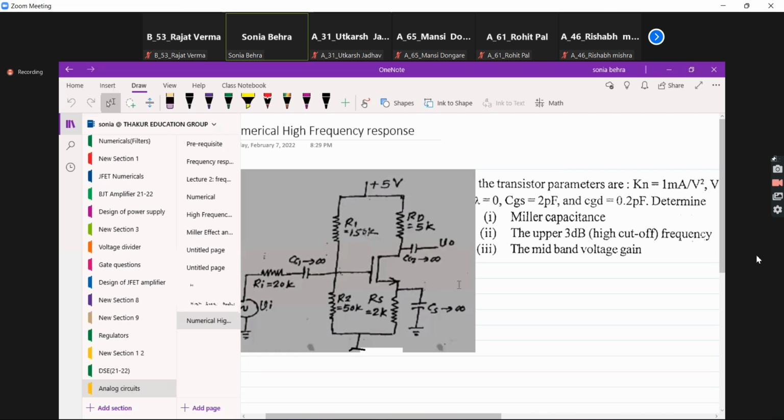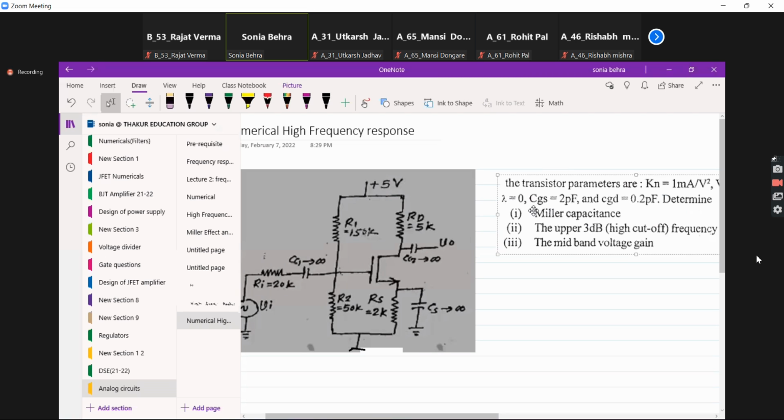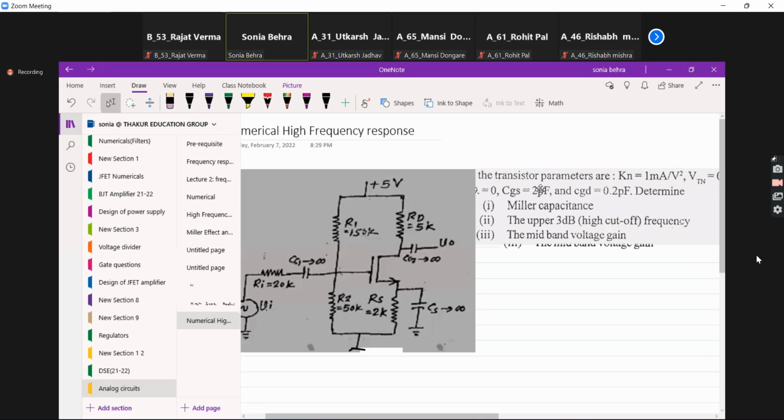Now see, this is your numerical, this is FET given to you. Looking at the parameters, the first thing is you have to identify whether this is your JFET or E MOSFET or D MOSFET or anything like that.